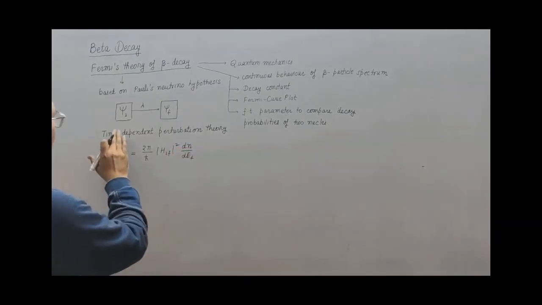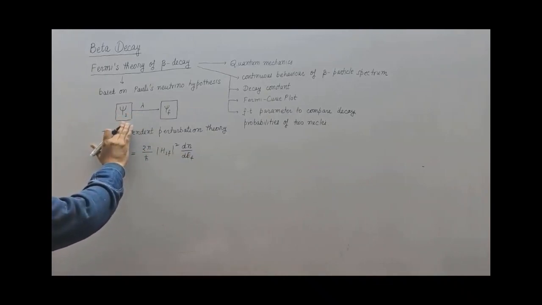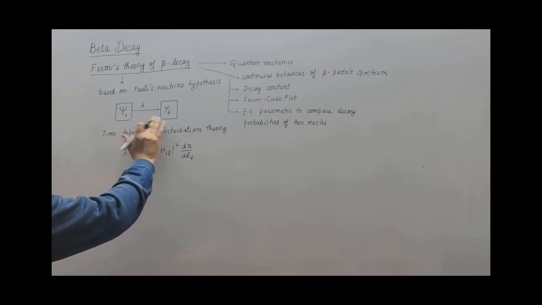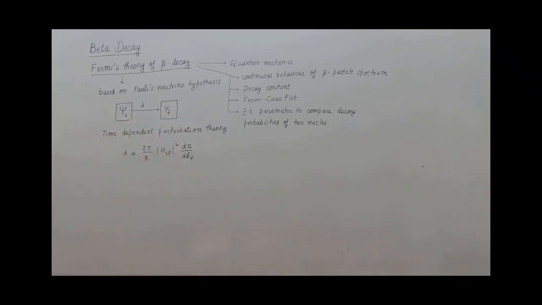So basically, to find lambda from the initial state of the nuclei to the final state, he used time dependent perturbation theory, and he used this formula.